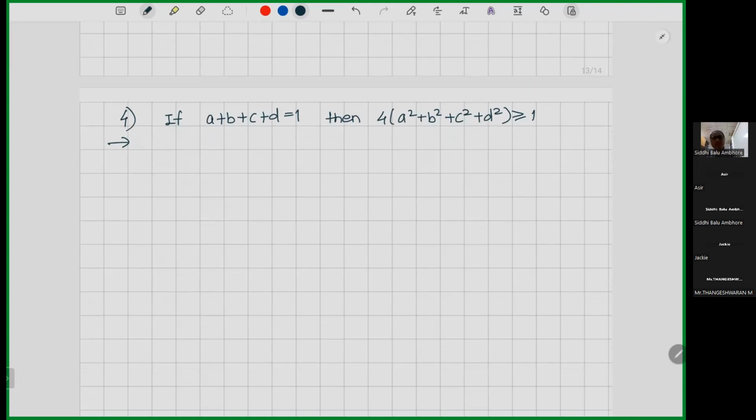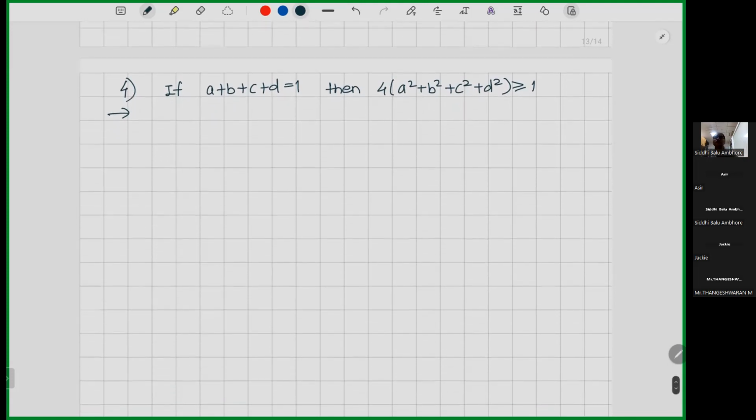So I can always say that the inequality can be stated as A square plus B square plus C square plus D square is greater than or equal to 1 by 4. And here I can say A equals B equals C equals D, then 4A equals 1, for example, so A is equal to 1 by 4.